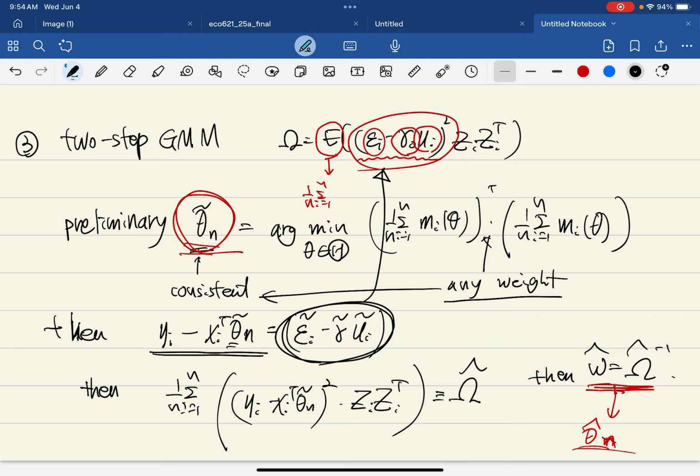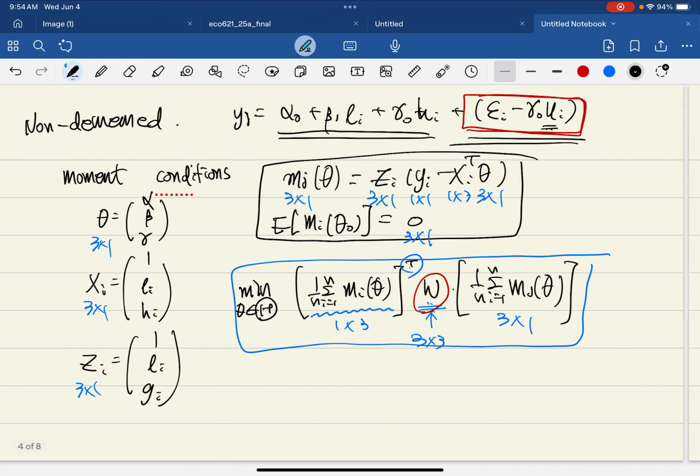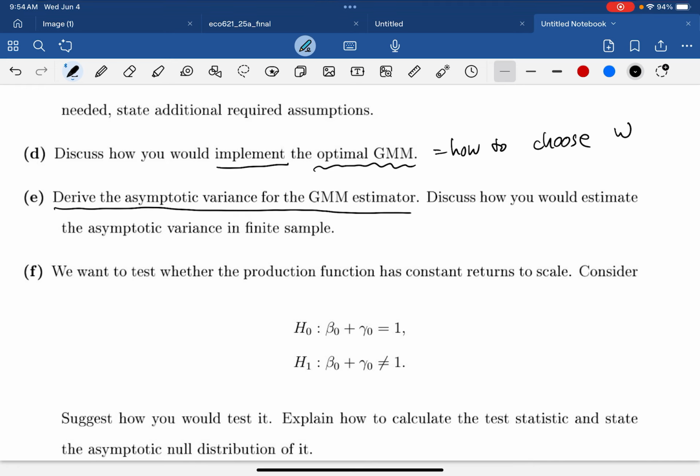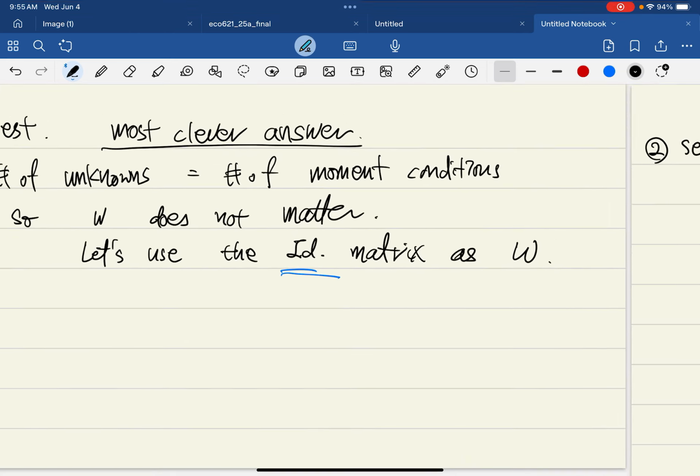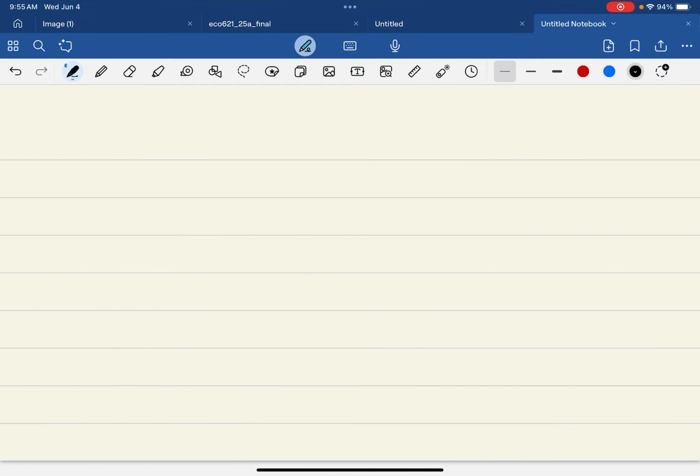And next question. Next, you can derive the asymptotic variance for the GMM estimator. Discuss how you estimate the asymptotic variance in finite sample. So we are using optimal GMM.